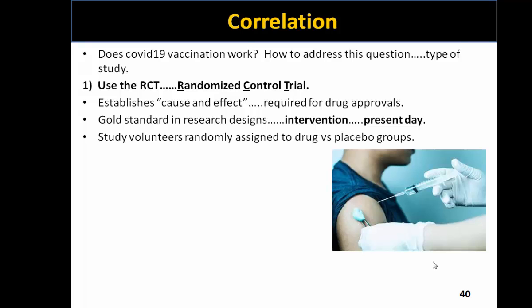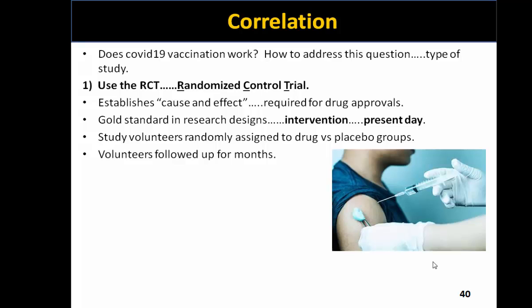So how is a study like this carried out? Well, study volunteers would step forward, following a screening process, would be randomly assigned to a drug and or a placebo group. So one group of individuals would receive injections, as you see in the picture here, but the injection would contain everything the vaccine contains except for the medicinal ingredient that is key to the vaccine's function.